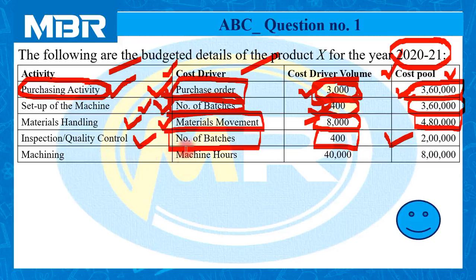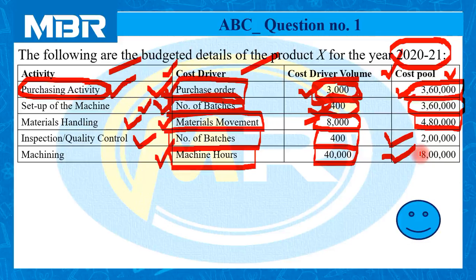We are not concerned right now with the other activities included in the major activity of machining. For distribution purposes, we will use the base of machine hours. Approximately 40,000 machine hours will be there during the year 2020-21, and the approximate cost of machining is rupees 8 lakhs.